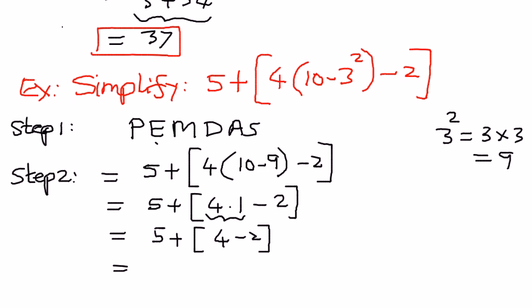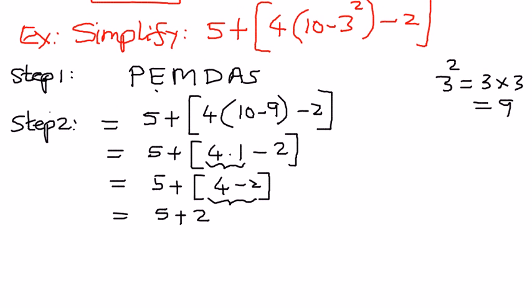Now the brackets are as good as parentheses, so we simplify the terms inside the brackets. 4 minus 2 is 2. So 5 plus 2 is equal to 7. That is our answer, and therefore 7 is the simplified form of this given equation.